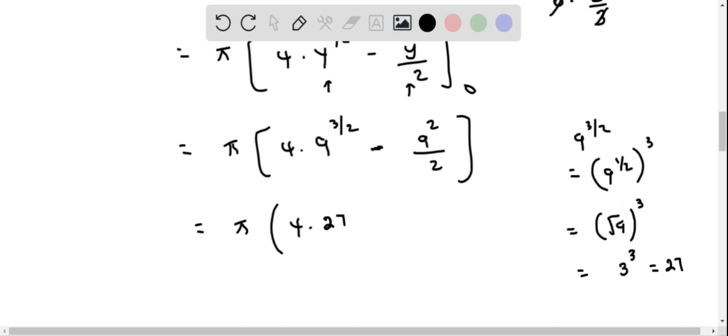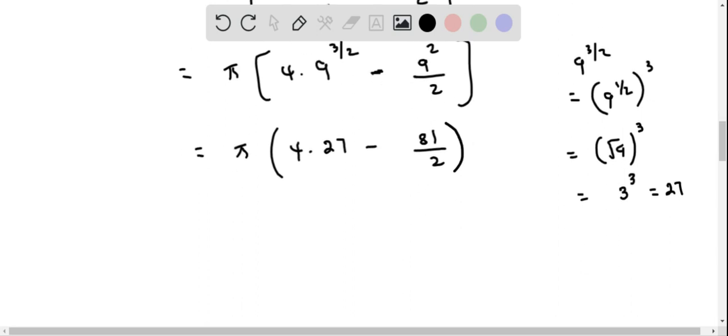So we put 27 here, minus 9 squared is 81 by 2. And so simplifying this, 27 times 4 equals 108. And so this equals pi times 108 minus 81 by 2.